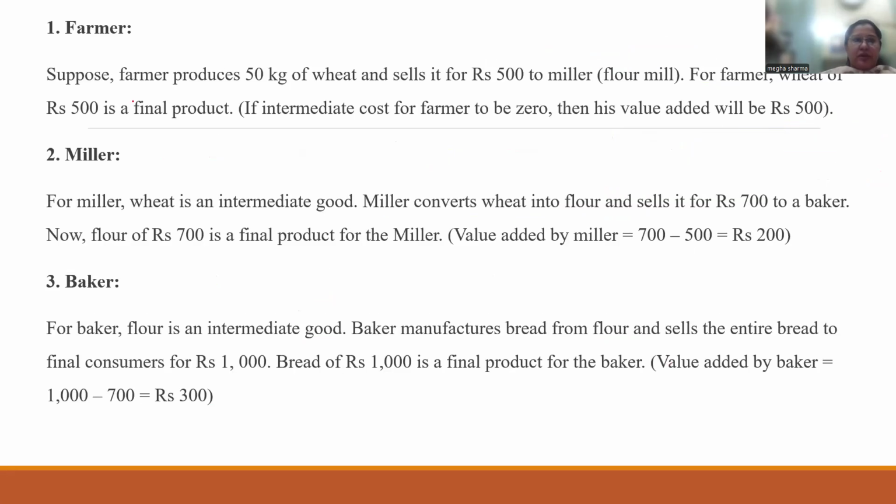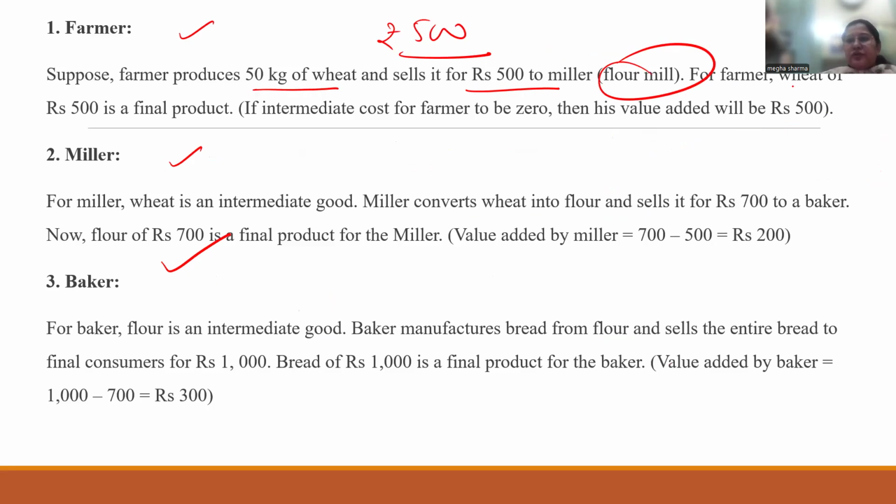Let's take an example. Suppose we have three parties in this example. First is farmer, next is miller, and a baker. Suppose a farmer produces 50 kg of wheat and sells it to the miller for 500 rupees, for the flour mill. For the farmer, the wheat of 500 is a final product. Obviously, when one person is selling the product, every seller considers the same as its final product.